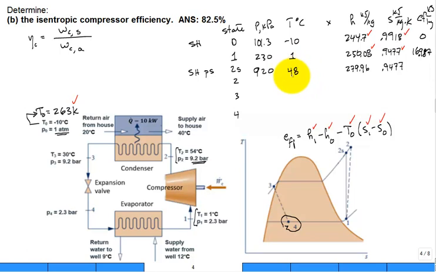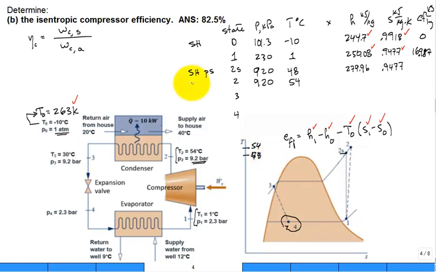Now it actually comes out of the compressor at not 48 degrees C, but 54 degrees C. That's why they're showing an increase in temperature right there. So instead of coming out at 48, it comes out at 54, about 6 degrees higher.